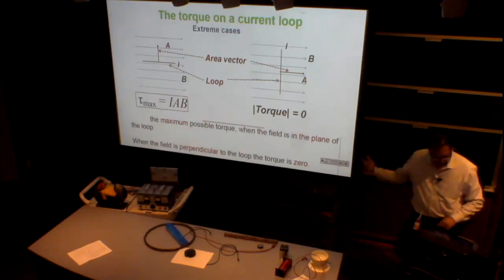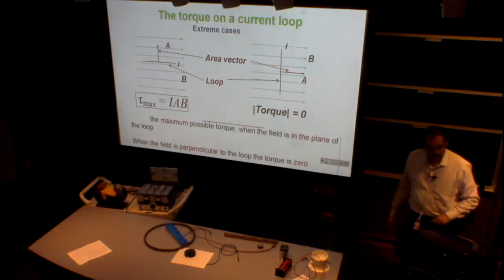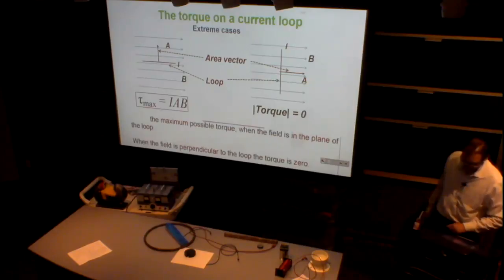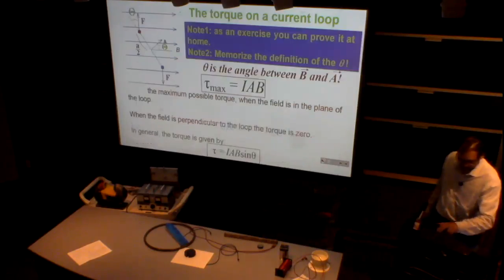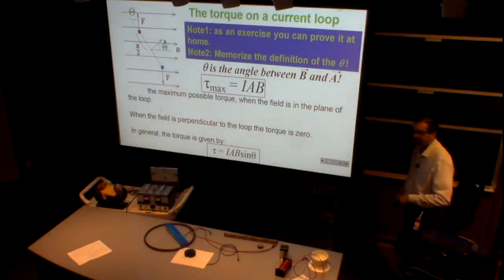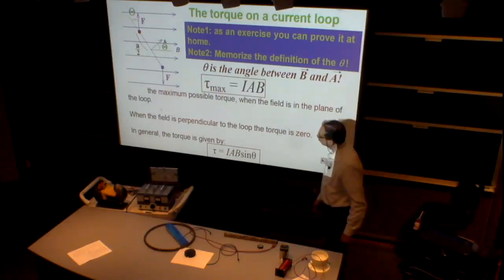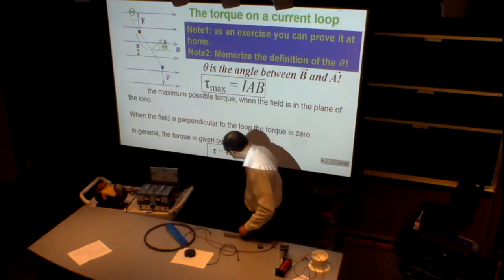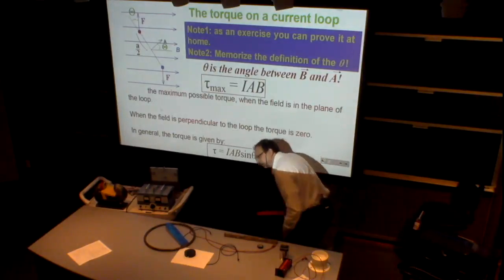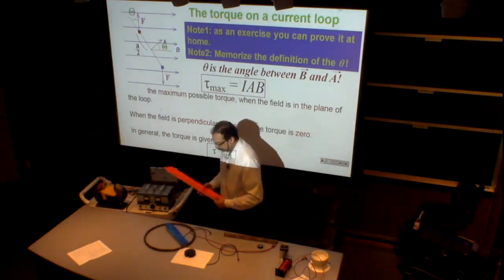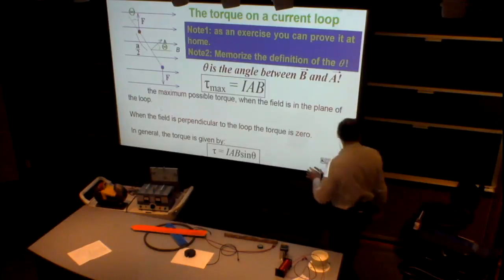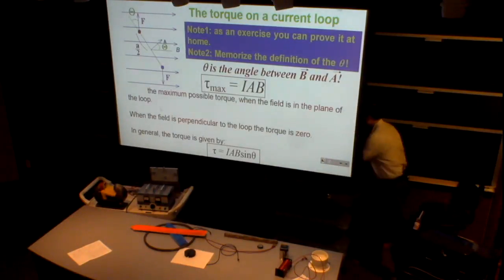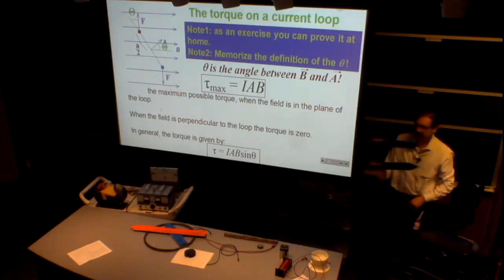Now, the description of two extreme situations. And of course now, the general situation when the angle between magnetic field and the area vector is neither 0 nor 90. So this is the magnetic field.